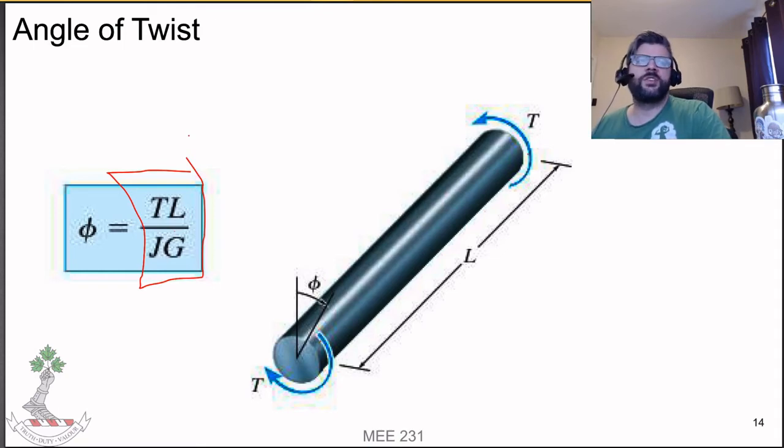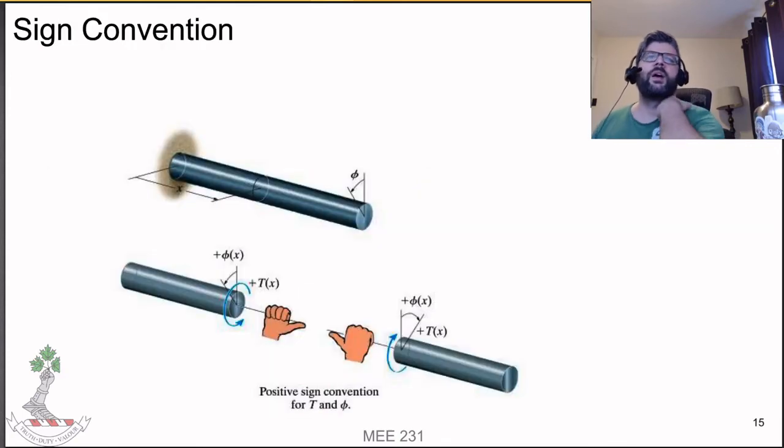The sign convention we're going to be using is fairly important. We need to keep our sign conventions in mind. Essentially, if you mount it on this end and have that as the x origin, any rotation about this x-axis that would follow the right-hand rule at the end is going to be positive.